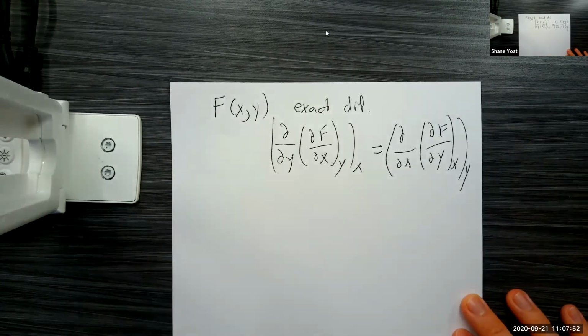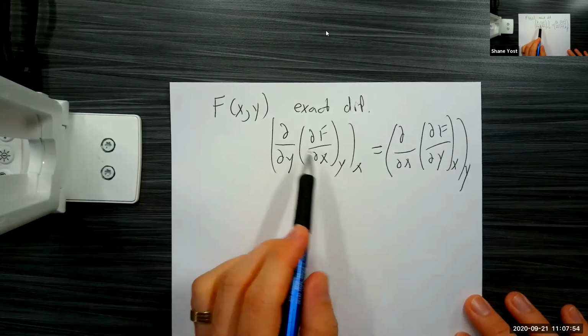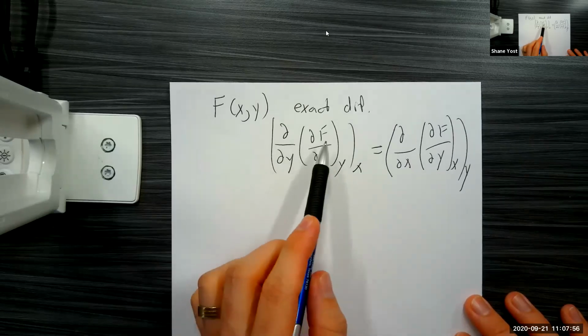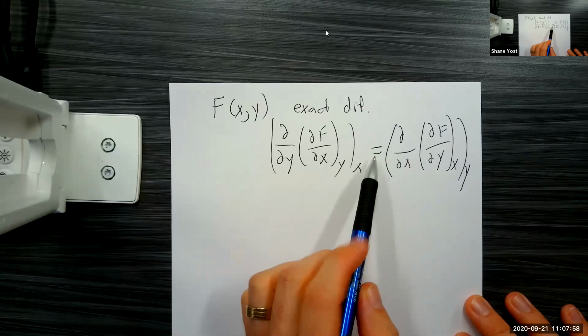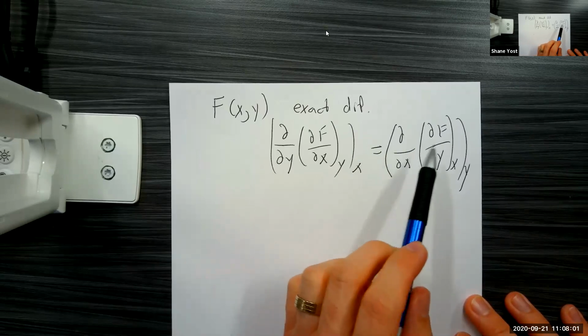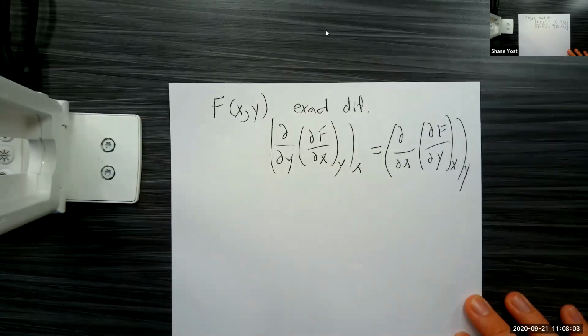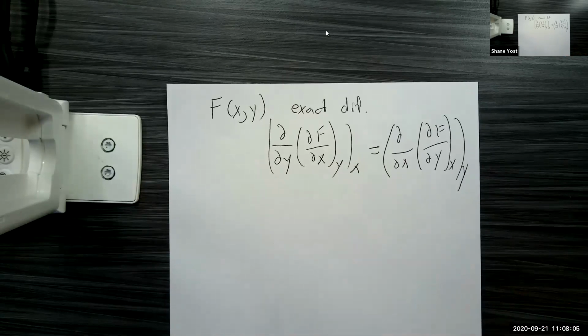What has to be true is that the derivative with respect to y of the derivative of f with respect to x is the same thing as the derivative with respect to x of the derivative of f with respect to y. Basically, the order of your derivatives doesn't matter.